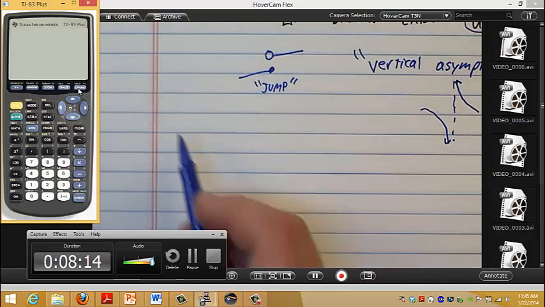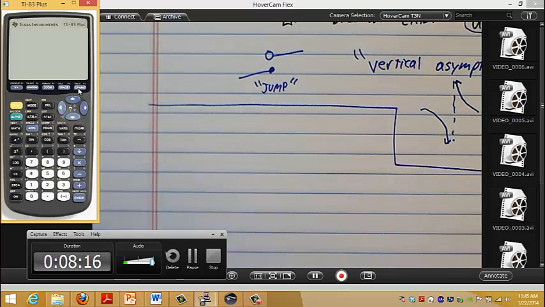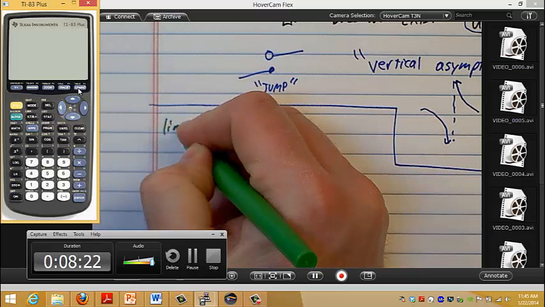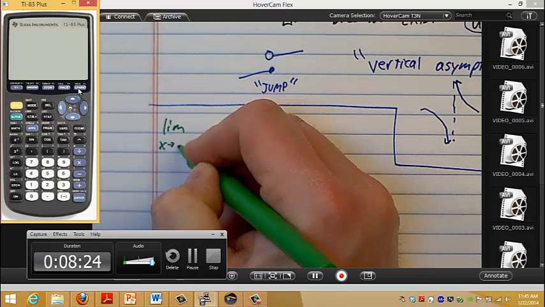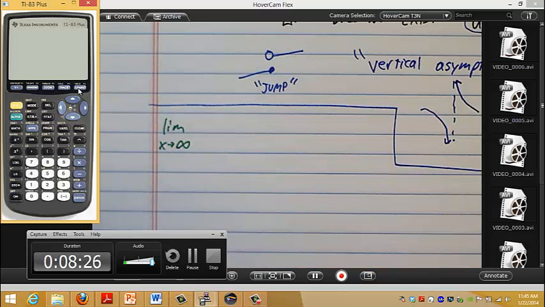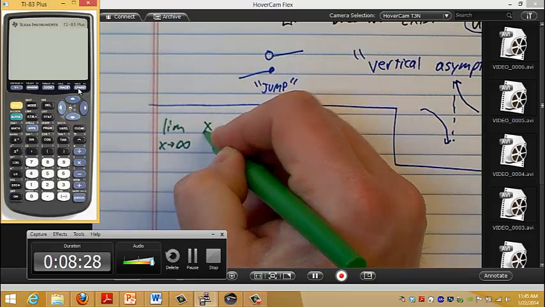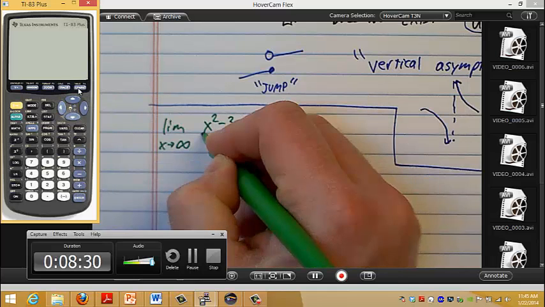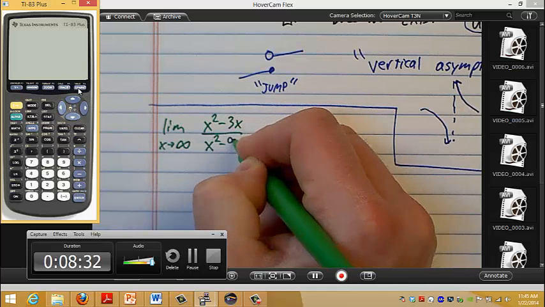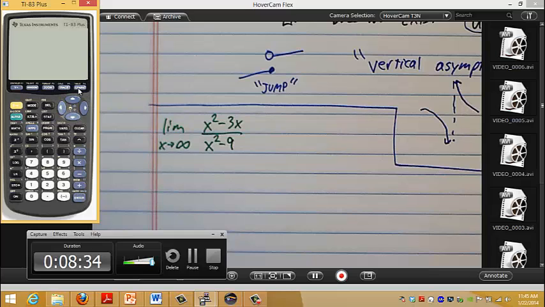What the problem asks is, let's compute the limit as x approaches infinity. Again, the function is x squared minus 3x over x squared minus 9.